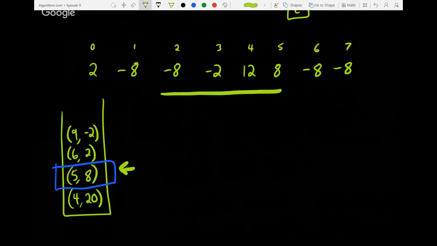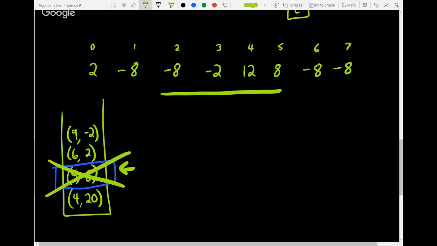We can make another observation. We're not going to find a better interval by extending this range at all. In other words, this is the most optimal answer we can have at any given time. So we can just delete it if that was the best answer we found at any given time.